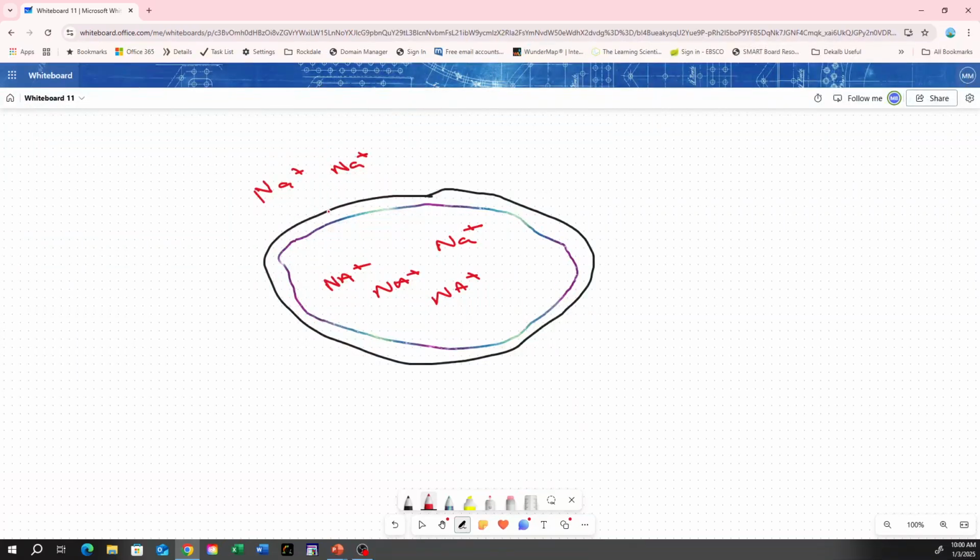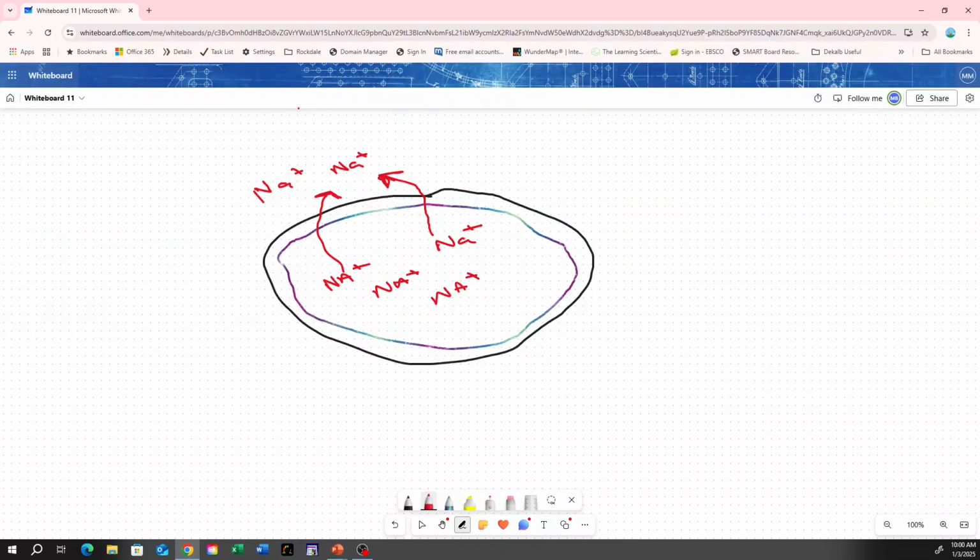So what's going to happen is this is more concentrated, and it's going to draw this sodium out of the cell to equalize that. And that's a pressure that's caused by that being unequal. That's osmotic pressure.